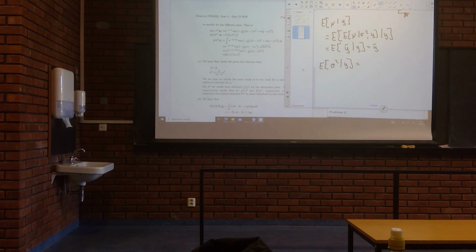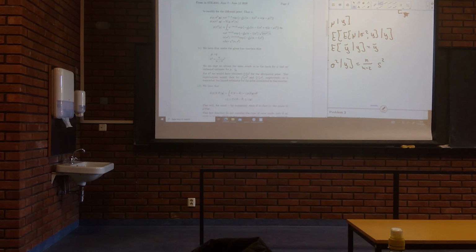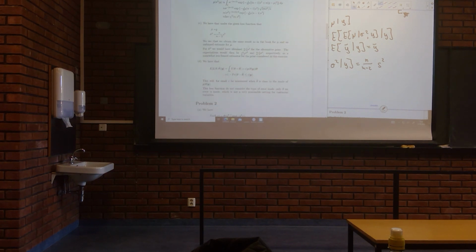That's the degrees of freedom n divided by n minus 2, times this scaling factor s squared. So we can also get that directly from this table. So then we have the results.